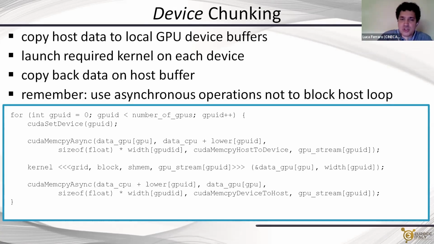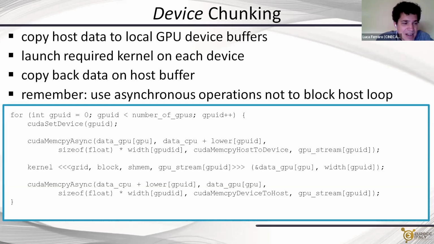How can you manage to exchange this data between GPUs? The simpler and naive approach is the one that takes the data from the device, pushes it back on the host, and then from the host puts it on the right device, closing the exchange.